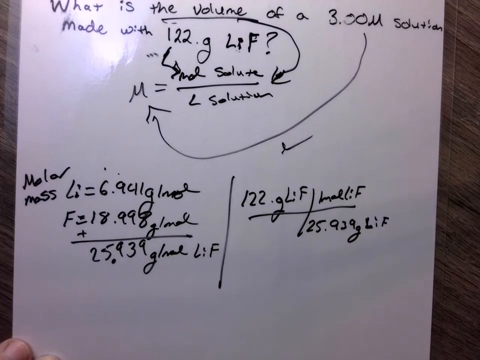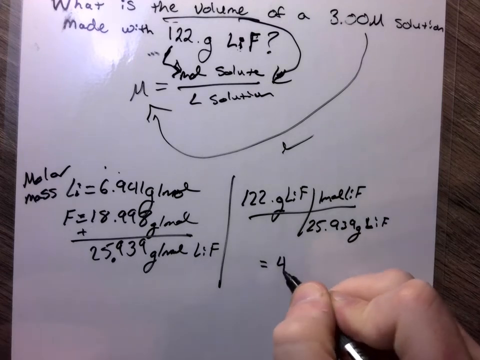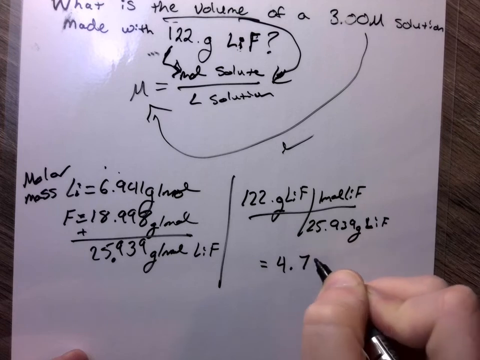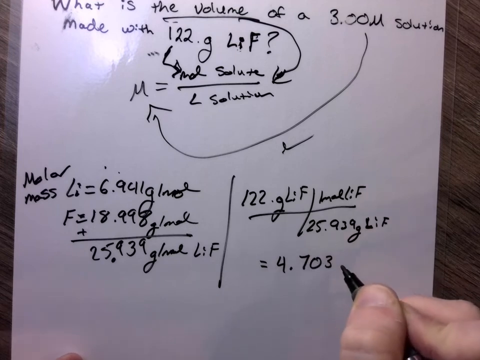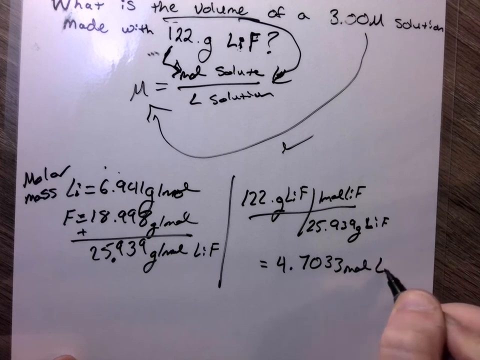So when we do that, we get 122 divided by 25.939. We get 4.7033 moles of LiF.